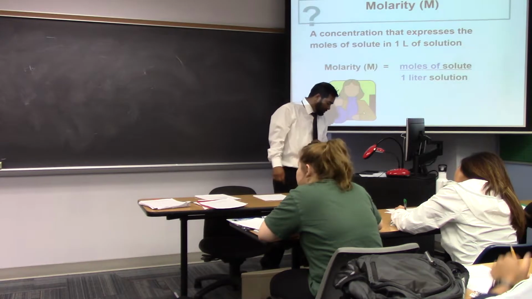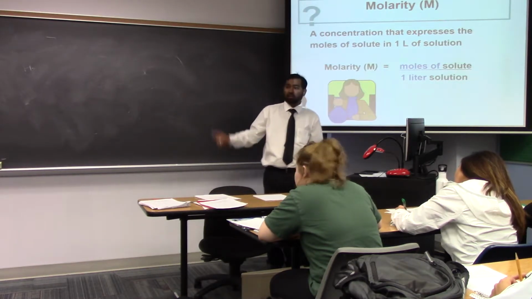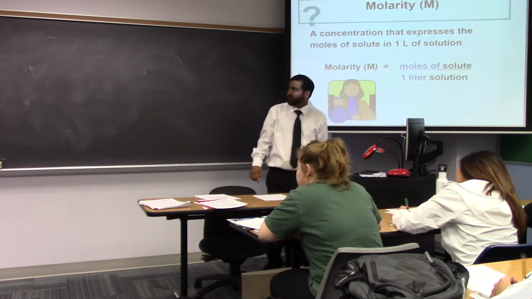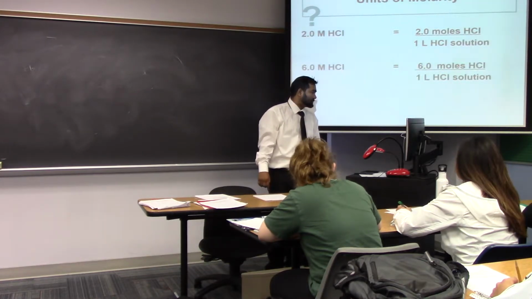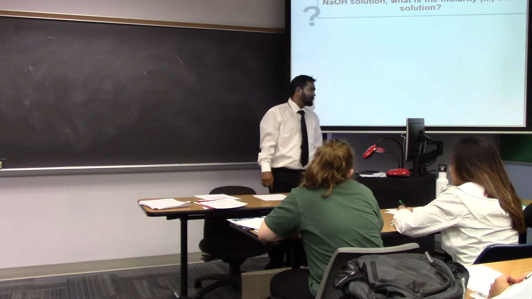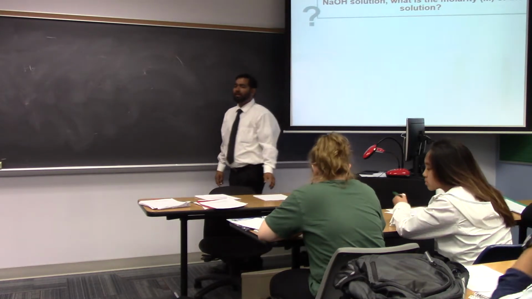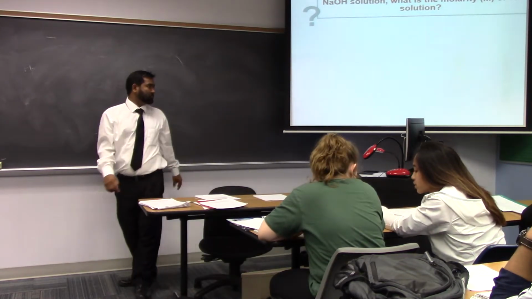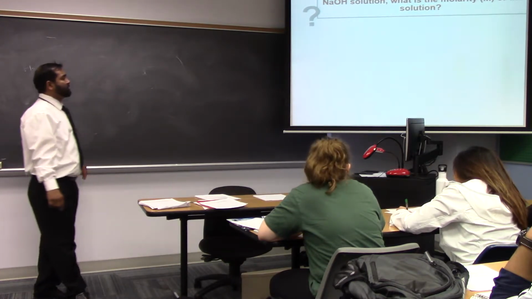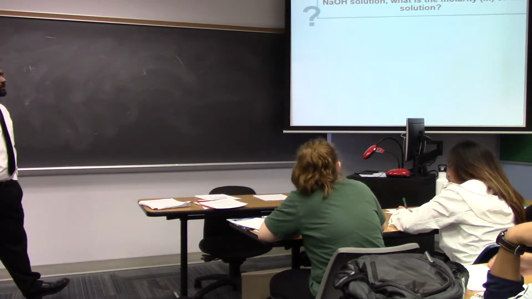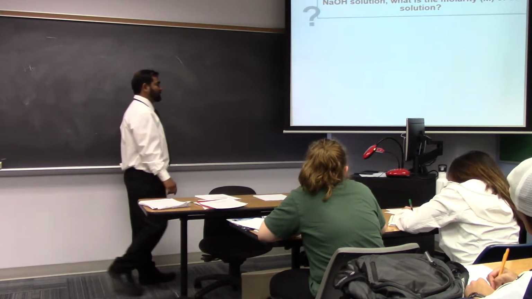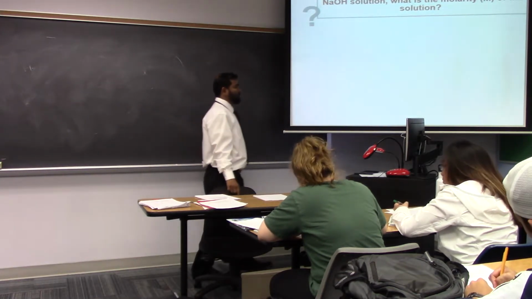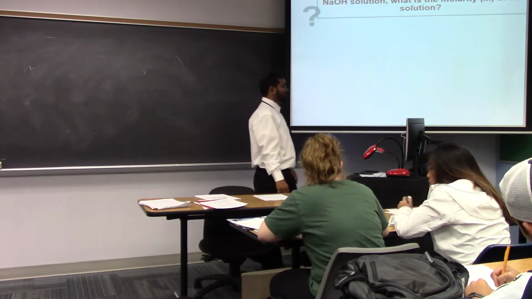Before we go into the new stoichiometry calculation, let's get some practice problems with molarity. Solve this one. You have 4 grams of sodium hydroxide in 500 milliliters of solution. What is the molarity of the solution?